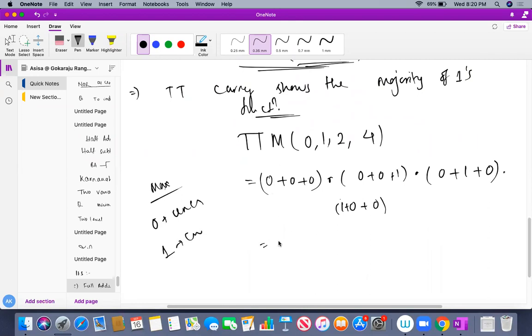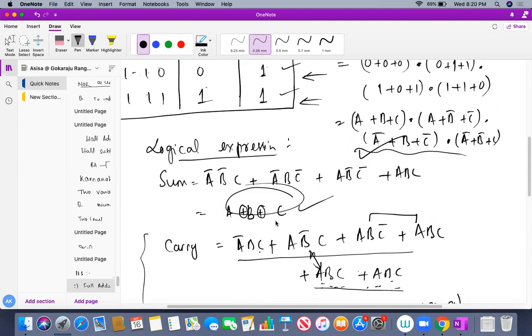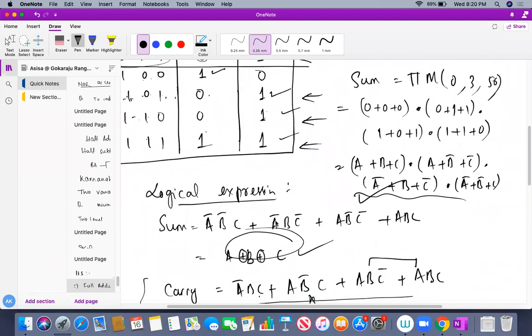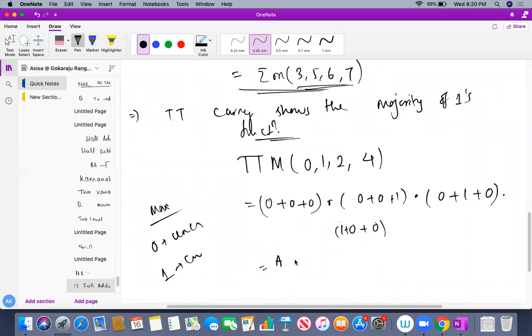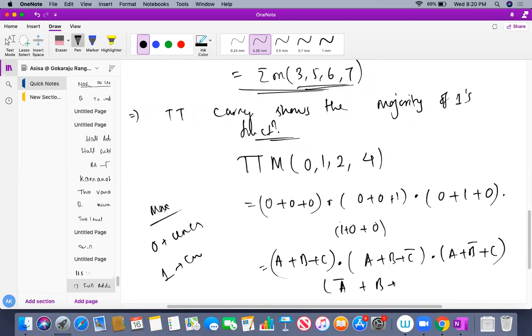So 0 means uncomplemented, so we put A or B or C, and here A or B or C bar, and A or B bar or C, and A bar or B or C. So this is the final expression of carry in POS form.